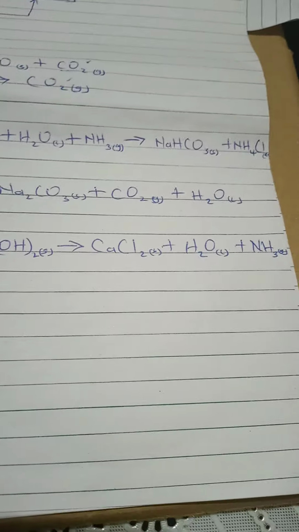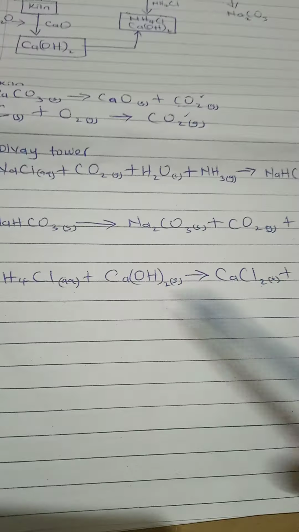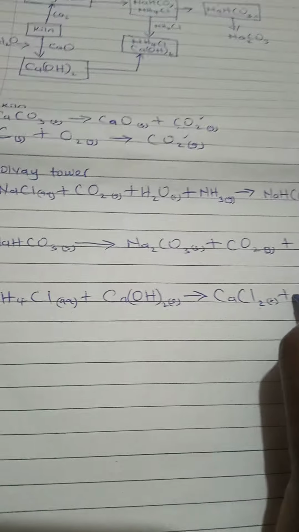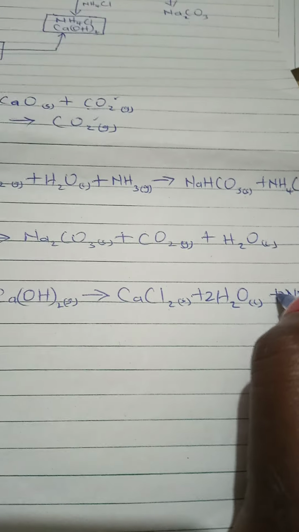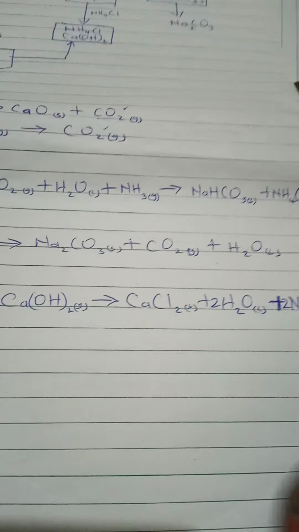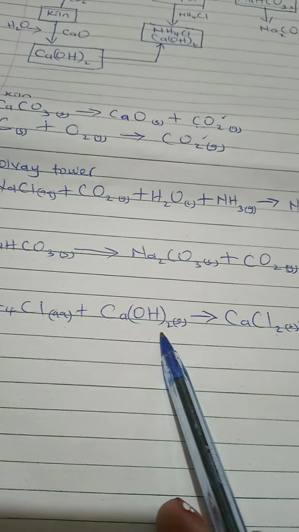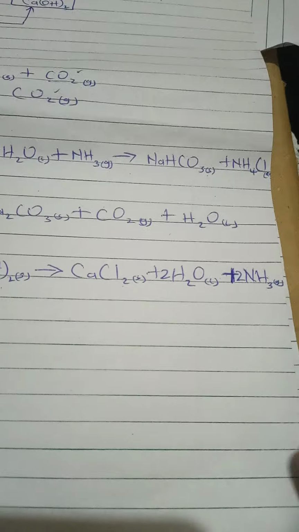Ammonia will also be recycled here because we need it for the reaction to take place at the Solvay tower. So then we make sure it is balanced. We have to balance the equation. So we have the chloride here. We have to make them 2 because the chlorine is 1 here. So we have 2, and then we have the number of hydrogen. So we'll have to put 2 here and the other one. So we have the ammonium chloride reacting with the calcium hydroxide to get the calcium chloride, the water, and ammonia.